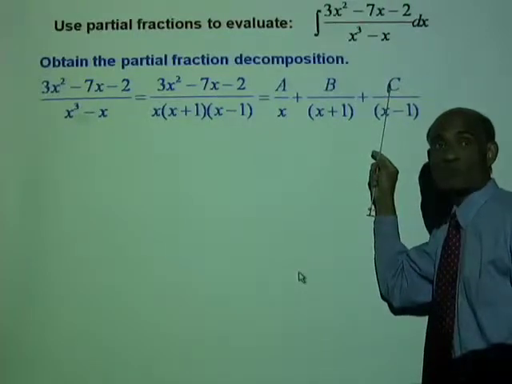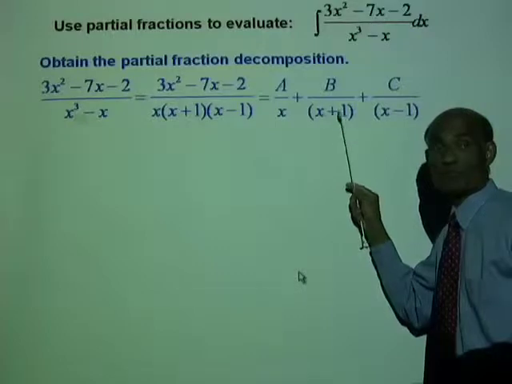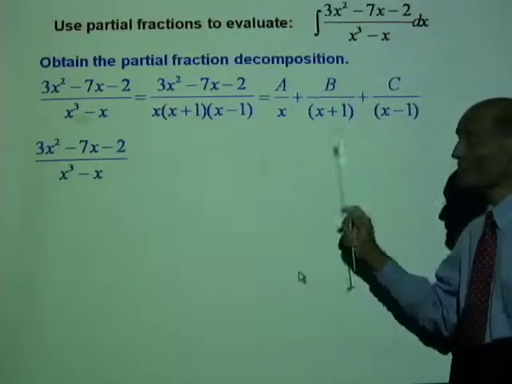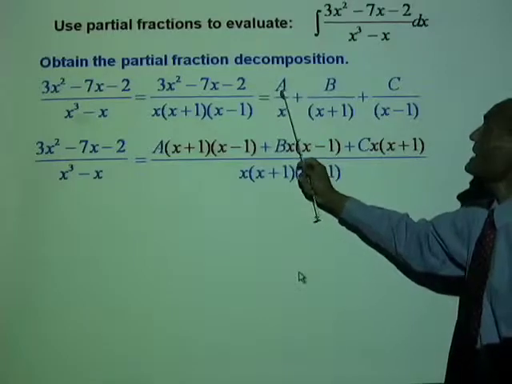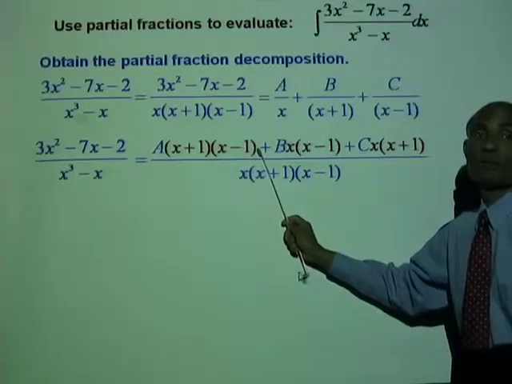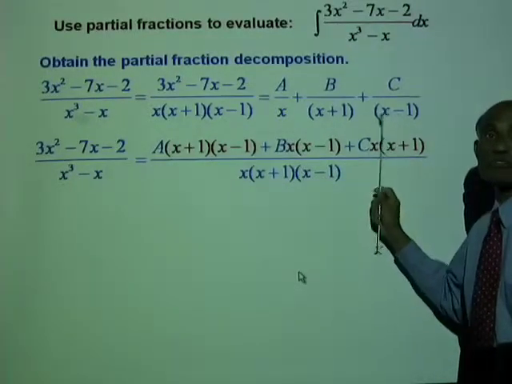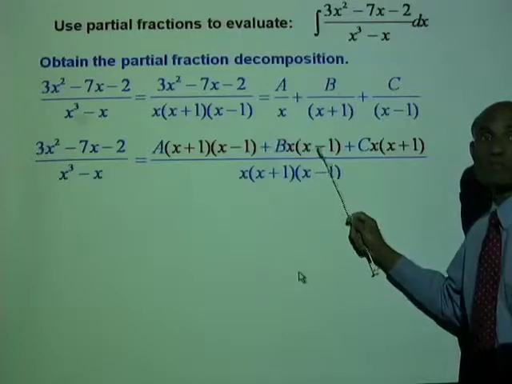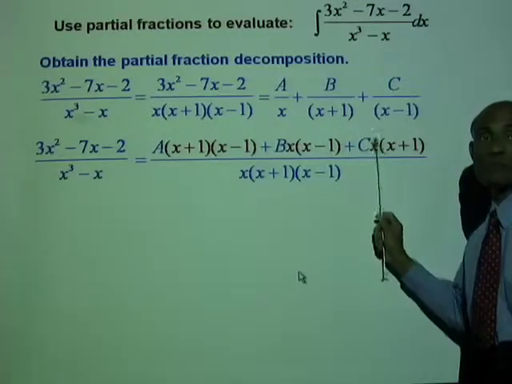Plus c will be multiplied by x times x plus 1. These skills you know already. So we will write it like this. This will be a times x plus 1 times x minus 1 plus b times x times x minus 1 plus c times x times x plus 1.